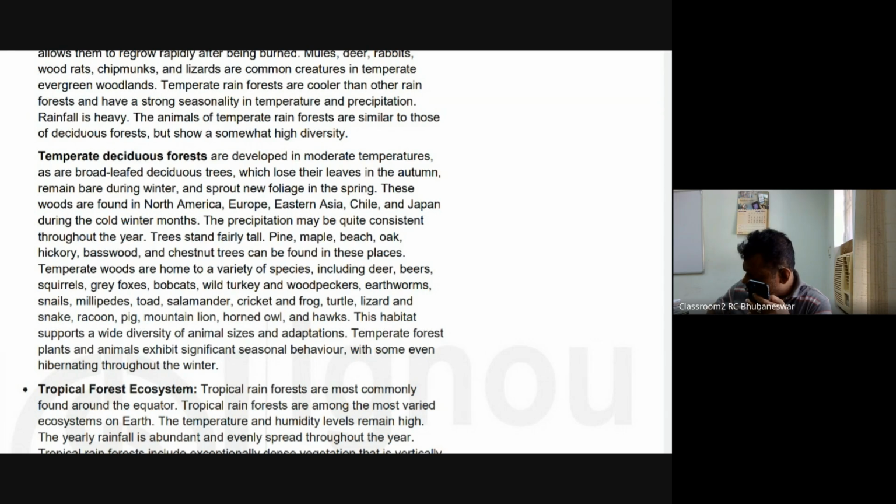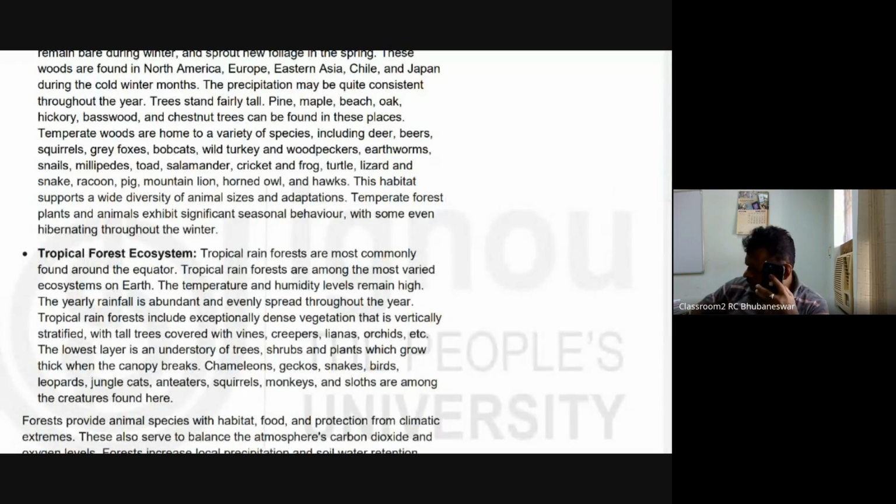This can be found in North America, Europe, Eastern Asia, Japan, mostly during the cold winter months. And what are the different types of plant species found here? You do have fine maple trees, beech, oak, hickory, basswood, chestnut trees. And animals you'll be seeing are deer, bears, squirrels, gray foxes, wild turkey. So these are important animals observed in these regions.